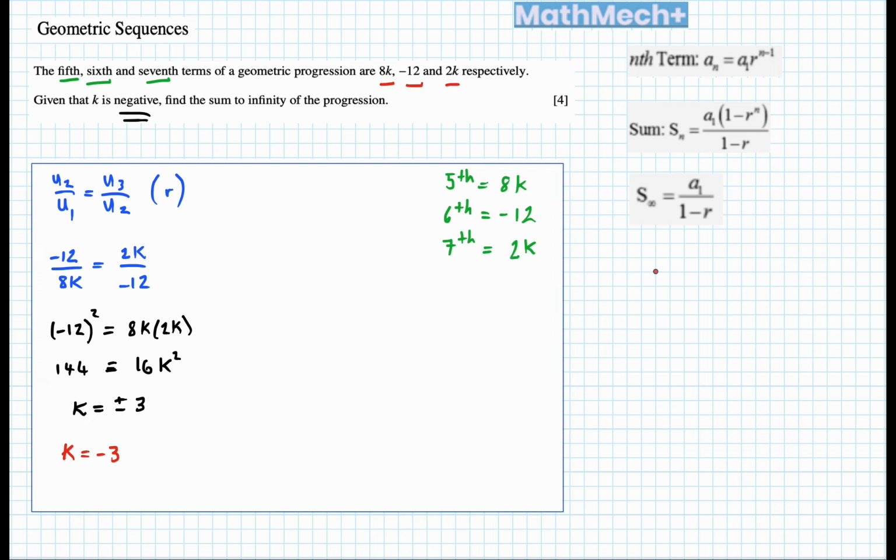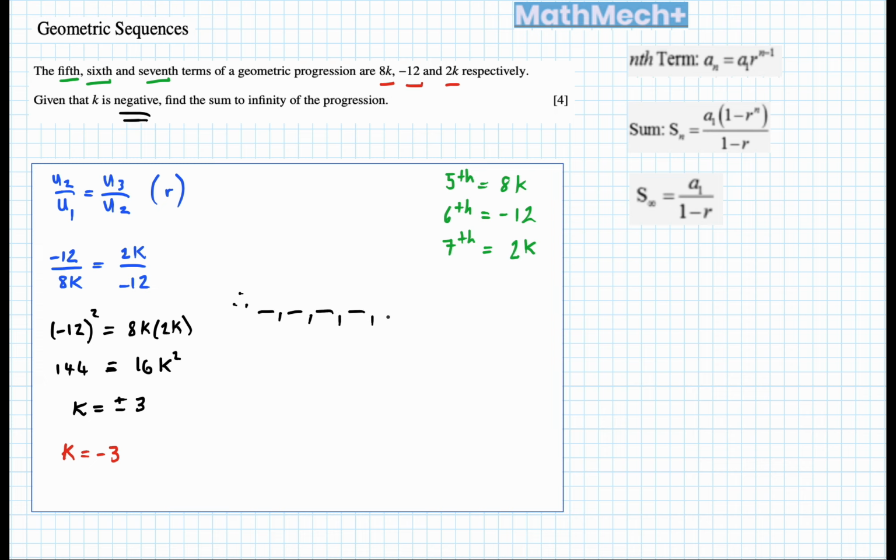Okay, sum to infinity. We need a and r. We have to go find some information before we continue. So we need to find a. We only have our fifth, sixth, and seventh, so we have to set out a little way of doing this.